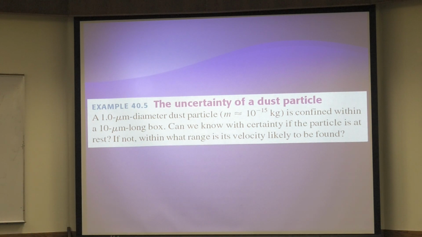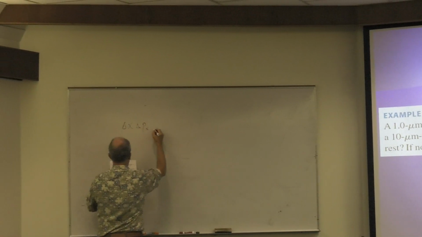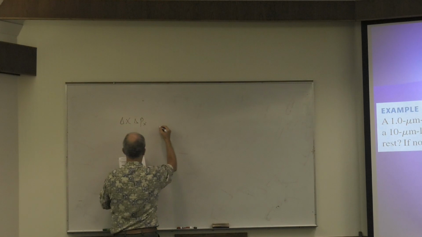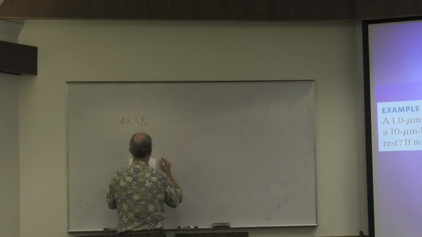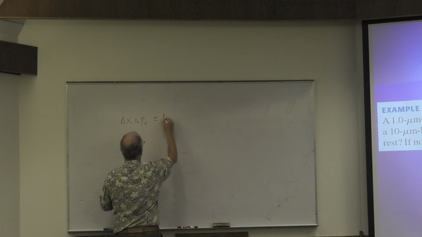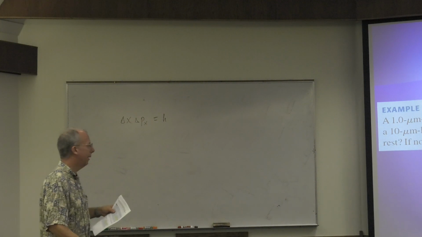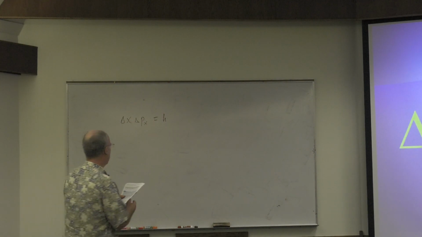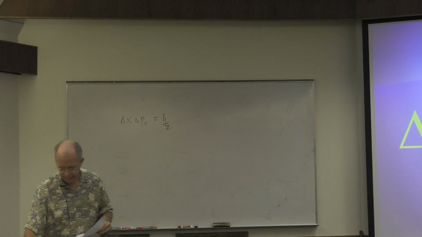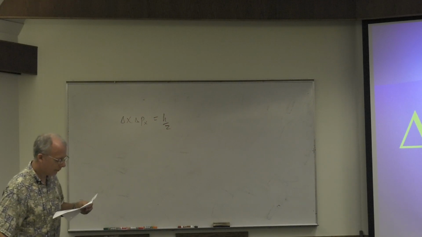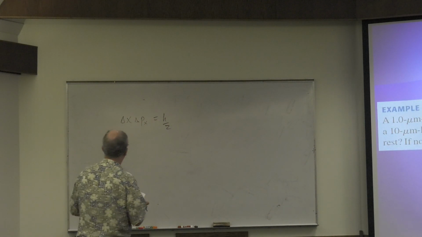Okay, here you go. So delta x, delta px, I'll just say equal to h over 2 pi or something like that. h over 2. All right, I'm just going to say equal, I just want that one. Now, what's delta x?